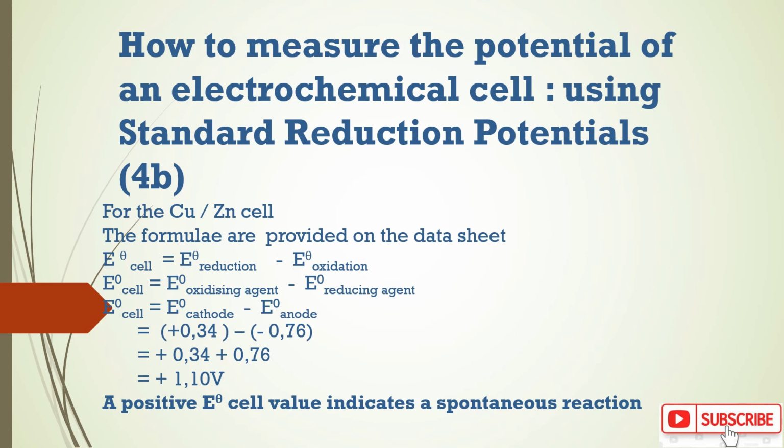So we have plus 0.34 minus minus 0.76. Then the answer is plus 1.10 volts. Then you have a positive standard cell value. A positive standard cell value indicates a spontaneous reaction.